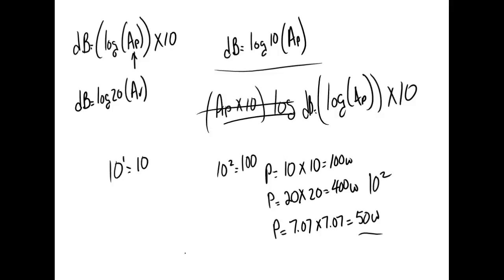So if I had a voltage gain of 10, what would be my power gain? So I'd take the dB to equal my equivalent gain. What I'm going to do is take AV, take the log of that, and multiply that by what? 20.